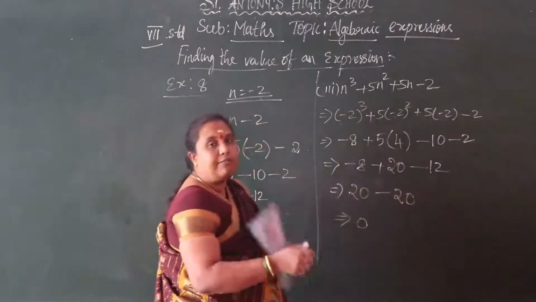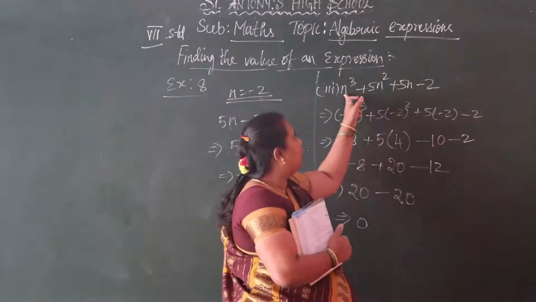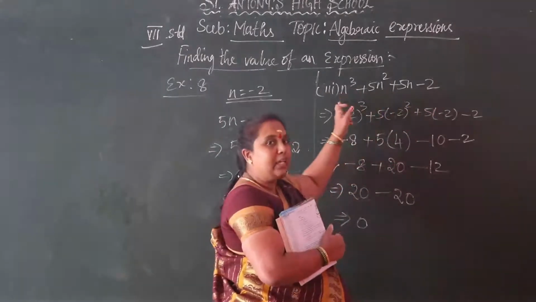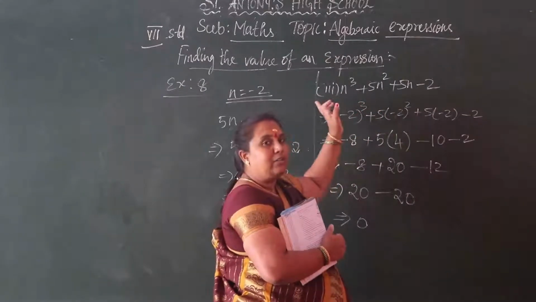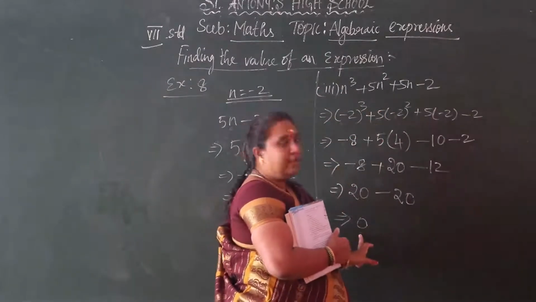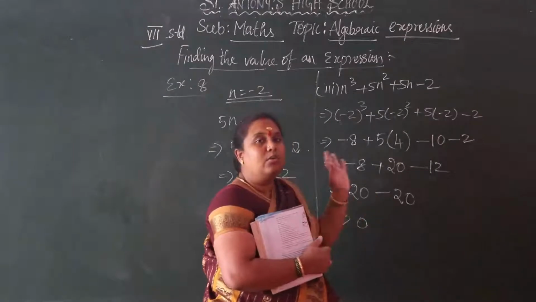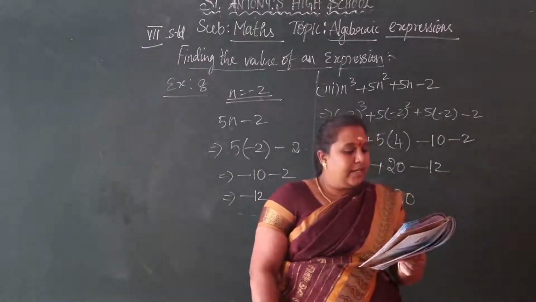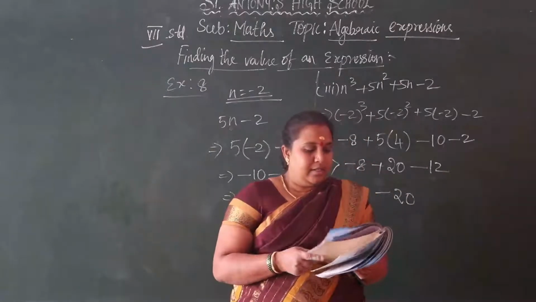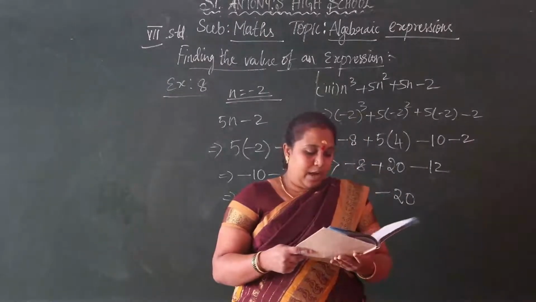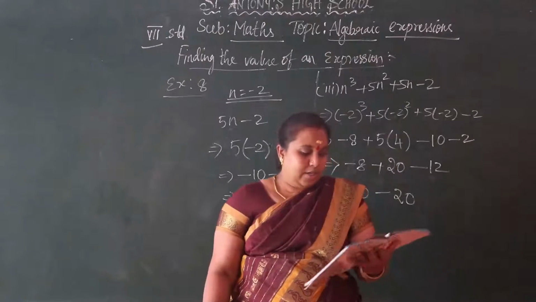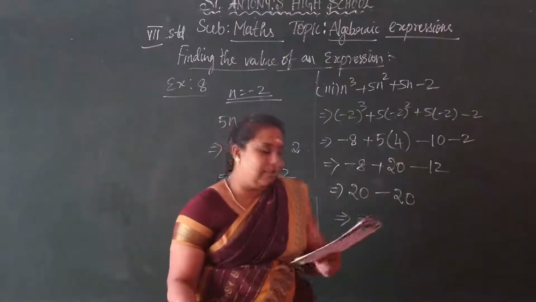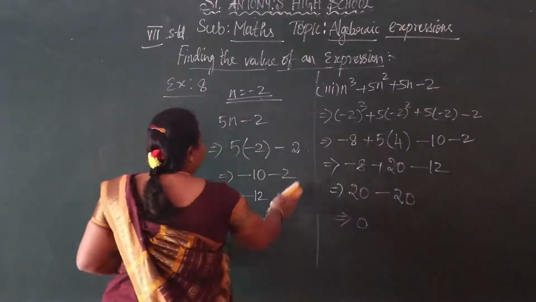So the value of the expression n cube plus 5n square plus 5n minus 2, if n equals to minus 2, means the value of this given expression is 0. Okay, children. So the plus and minus symbols, that is operations, are very important. Okay, children. So then see, you have example 9. Okay, so in example 9 you have two variables in your expression. It is given to you. Okay, two expressions are there.